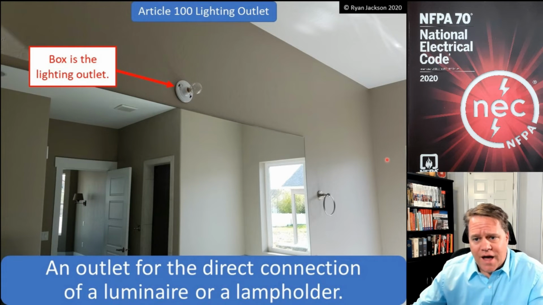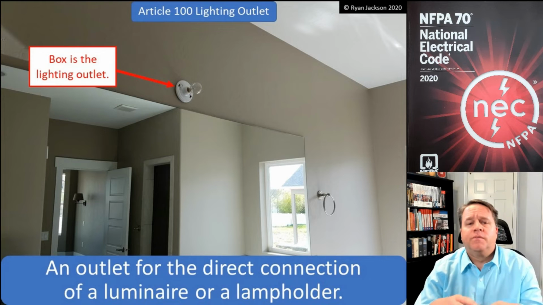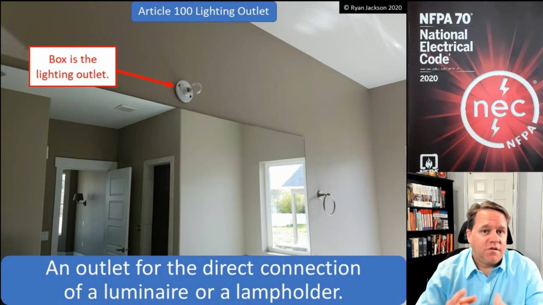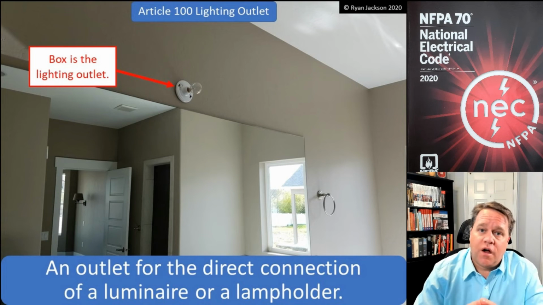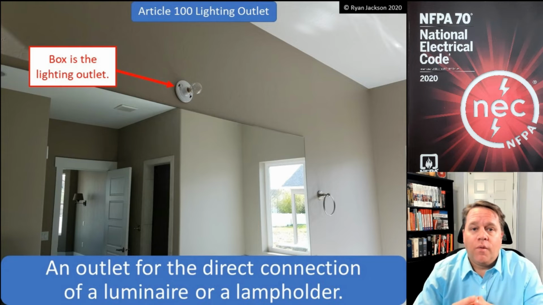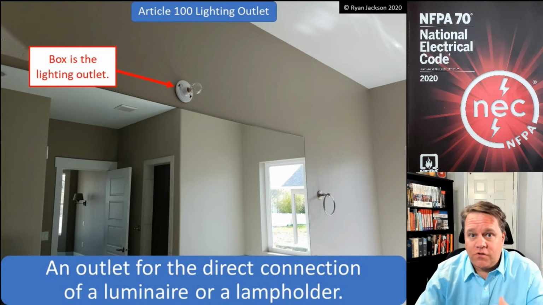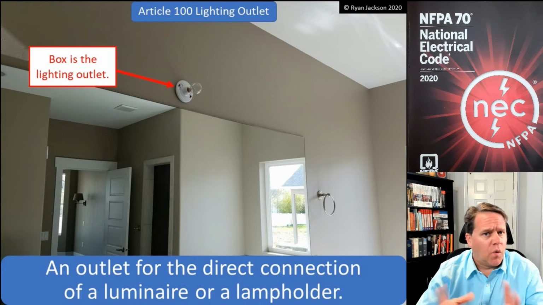That's the lighting outlet. And one of the things that you'll notice when you look at section 210.70, for example, is that section requires lighting outlets in certain areas of dwellings and other buildings. In dwellings, we have to have lighting outlets in a lot of the different rooms. In other than dwellings, 210.70(B), it doesn't require quite as many.